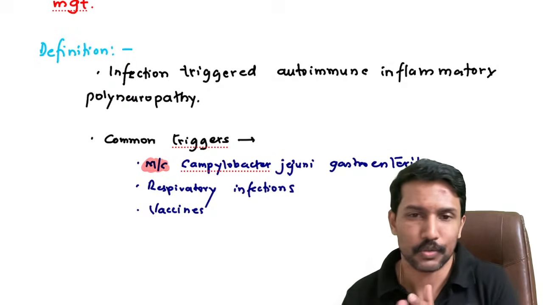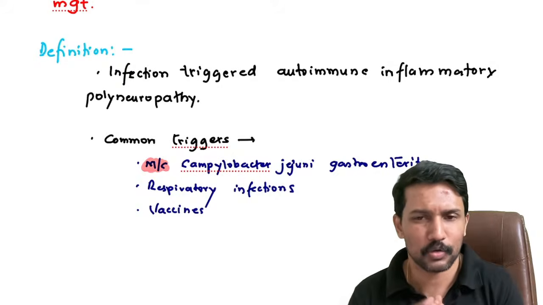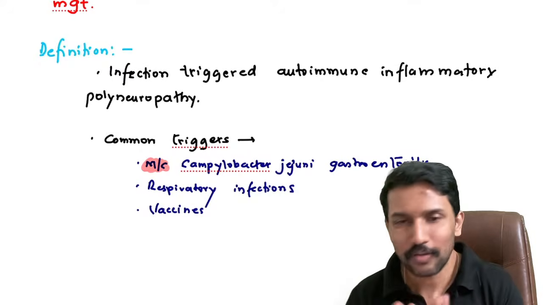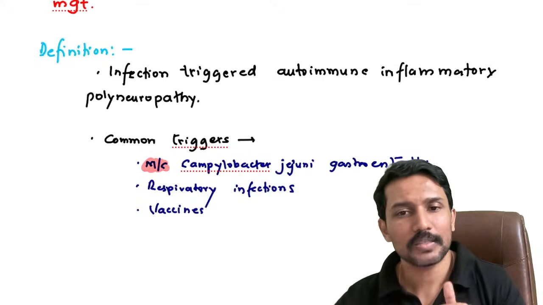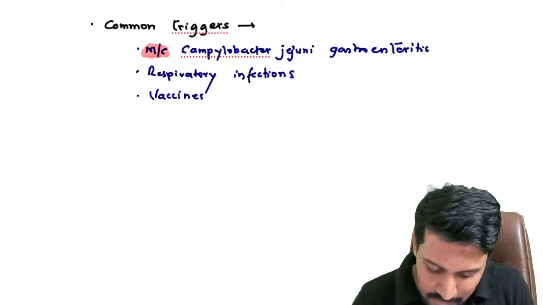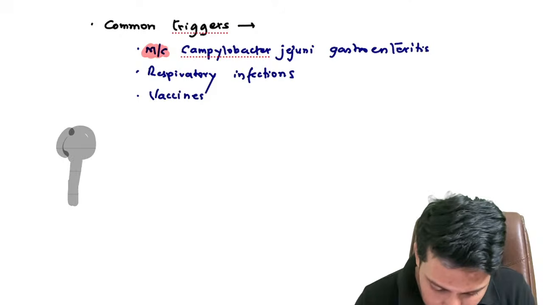Then INH induced neuropathy, B12 deficiency induced polyneuropathy. All of them are polyneuropathies. Majority of them are chronic, but GBS is acute. All of them cause length-based involvement of the peripheral nerves. What does that mean? So let us say this is brain, this is spinal cord.